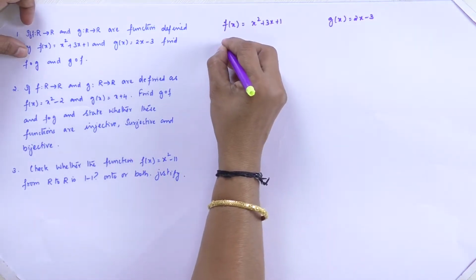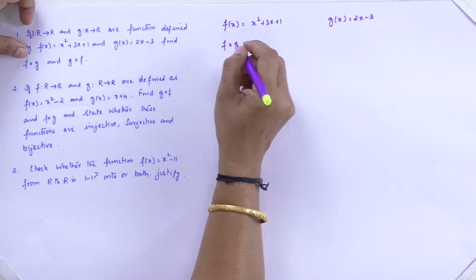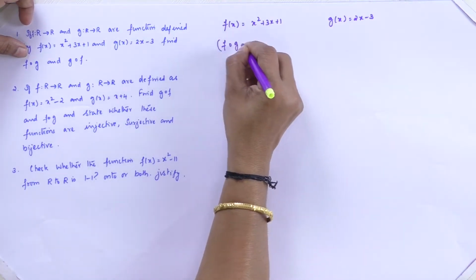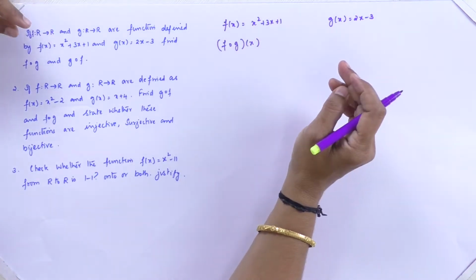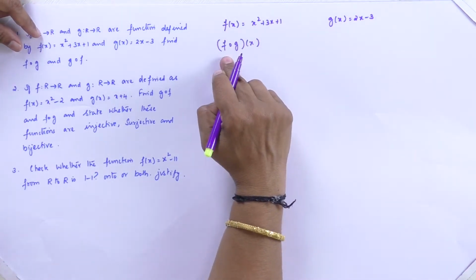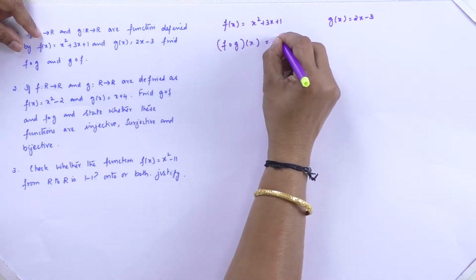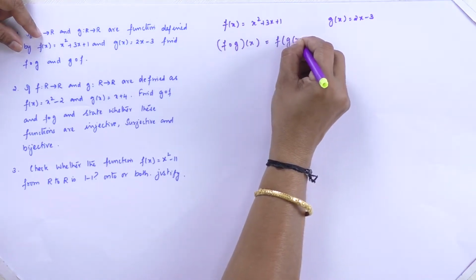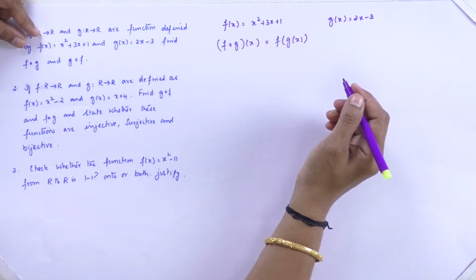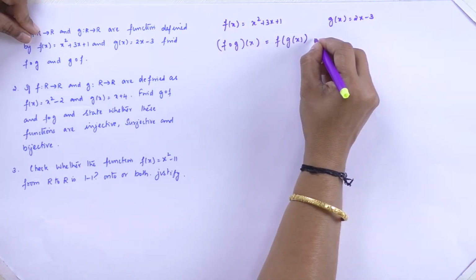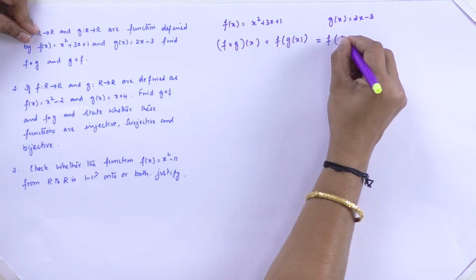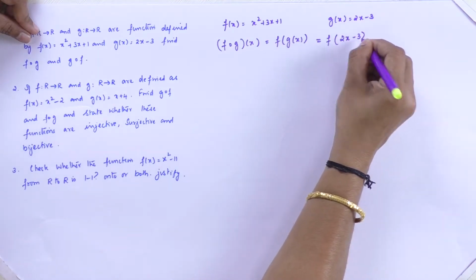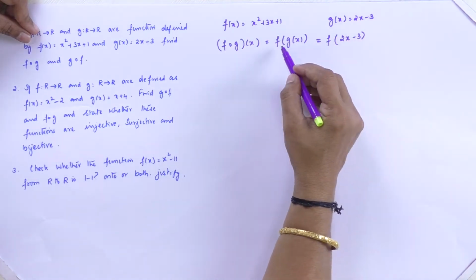So first we are finding the composition f composition g of x. The definition of composition of two functions says that f composition g of x is f of g of x. So I will have to find f of g of x. g of x is given to be 2x minus 3, and now what is f of x?